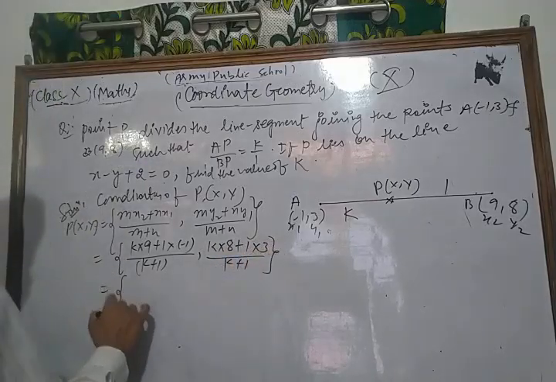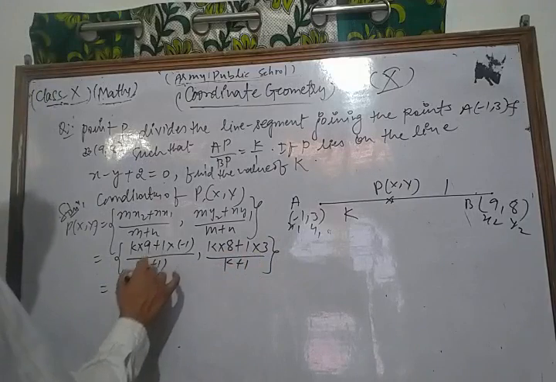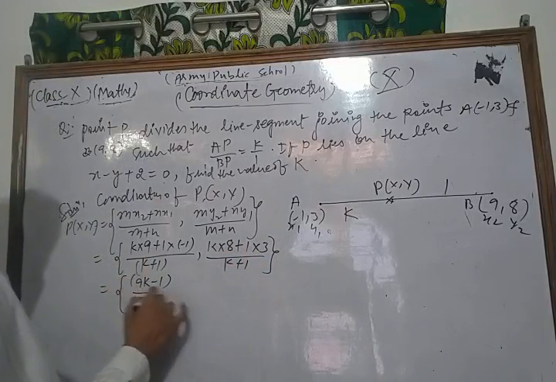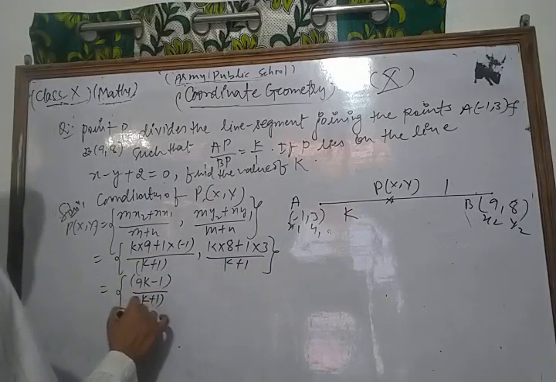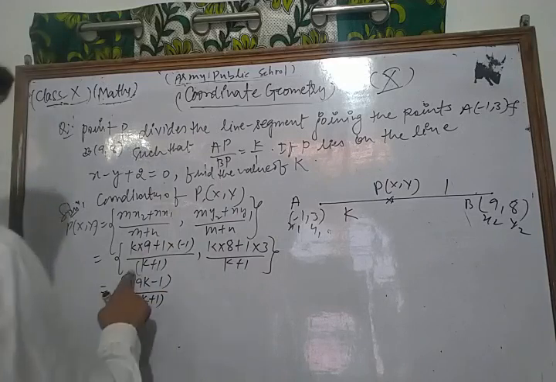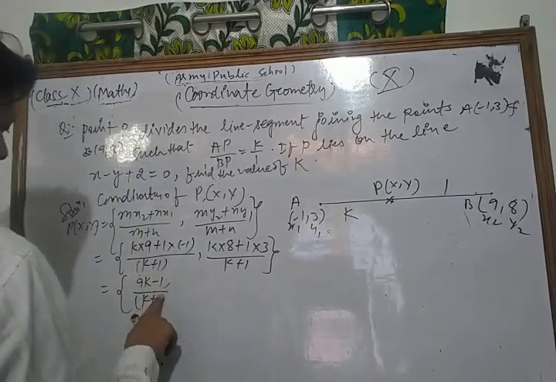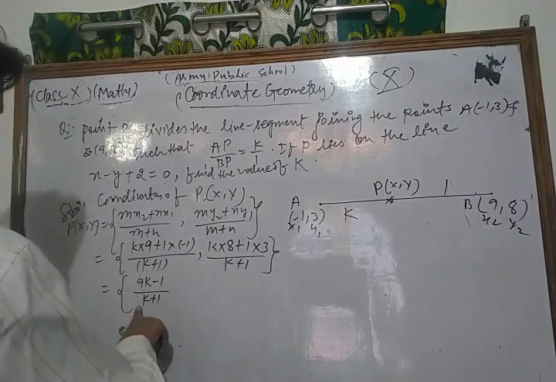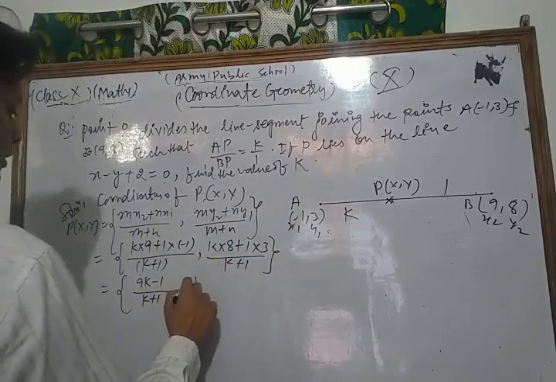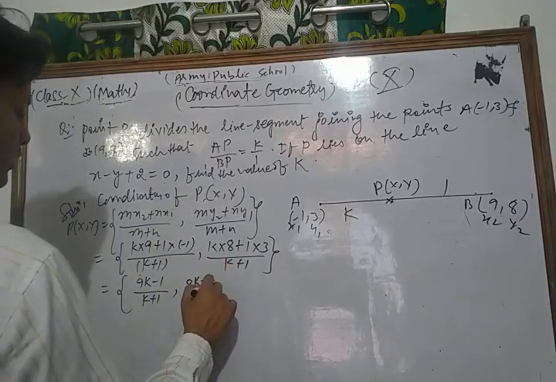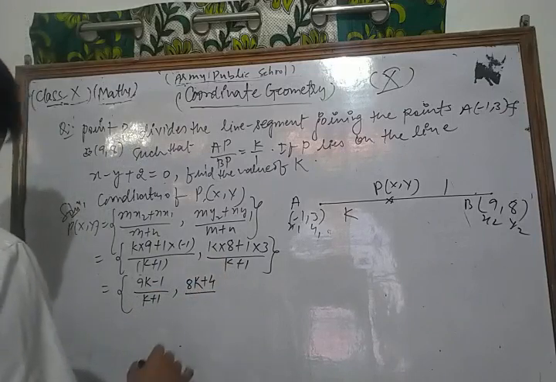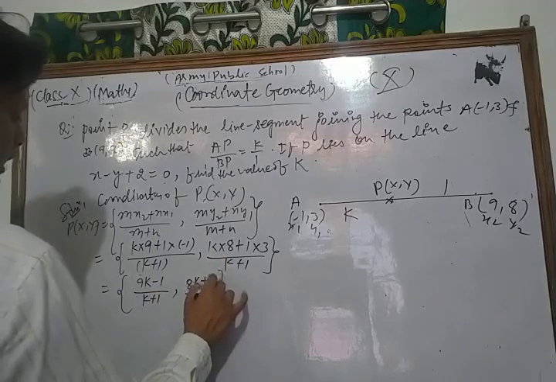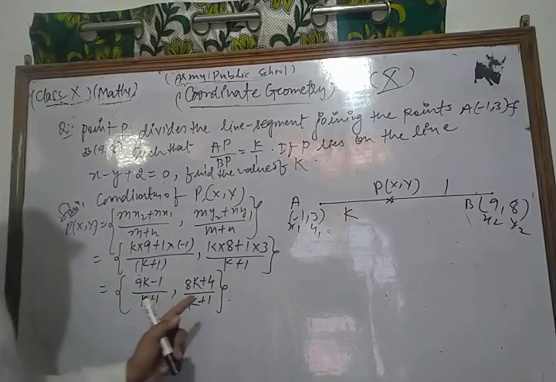So we get (9k minus 1 upon k plus 1, 8k plus 3 upon k plus 1). So in this way we find the coordinates of P.